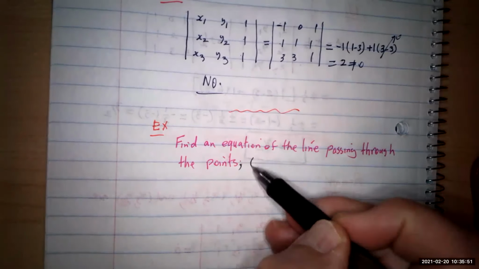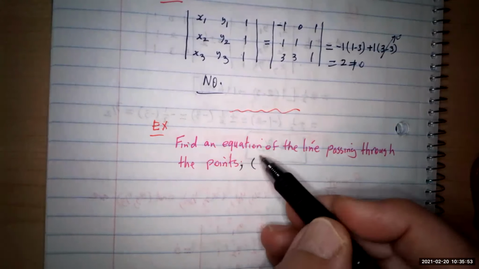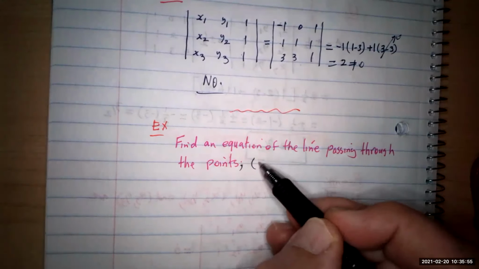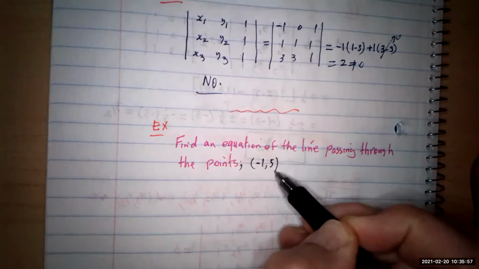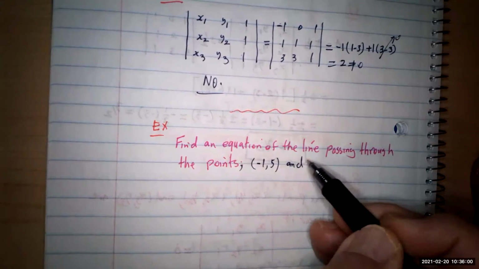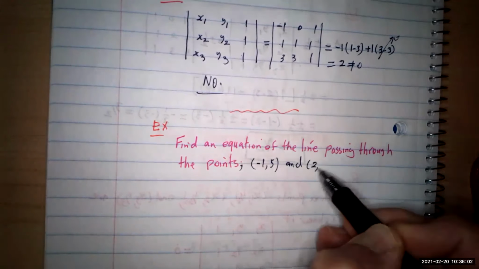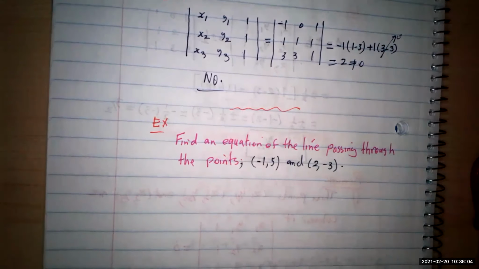Okay, 2 points, like -1 and 5, and the other one is 2 and -3. Okay, very standard problem.